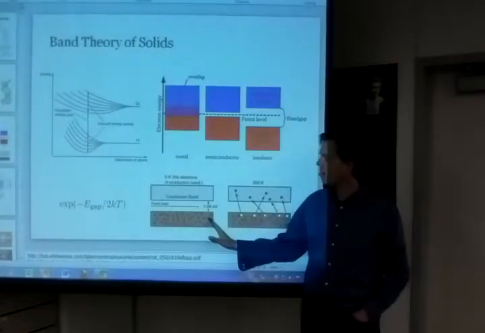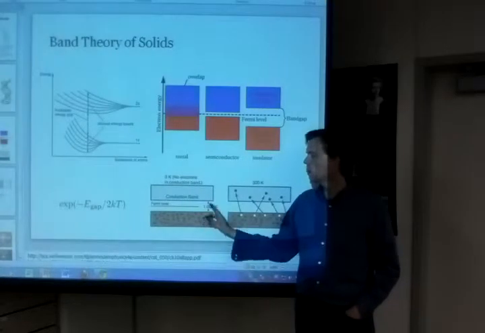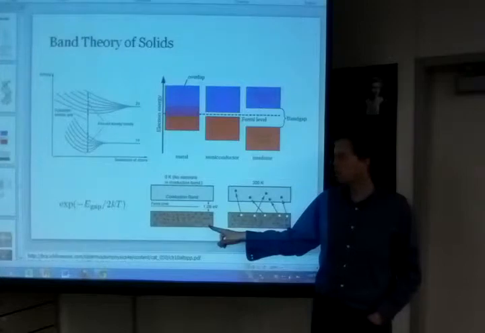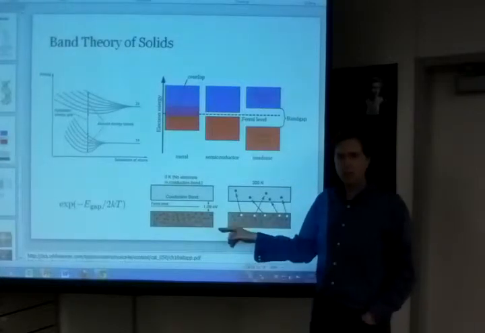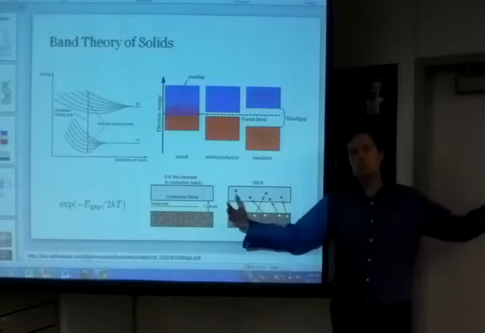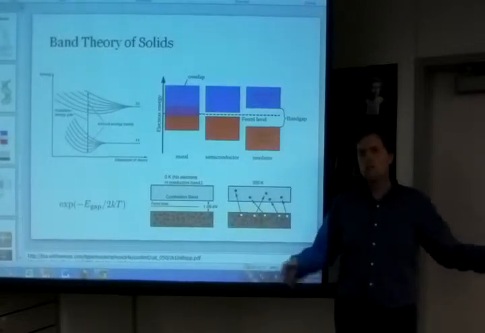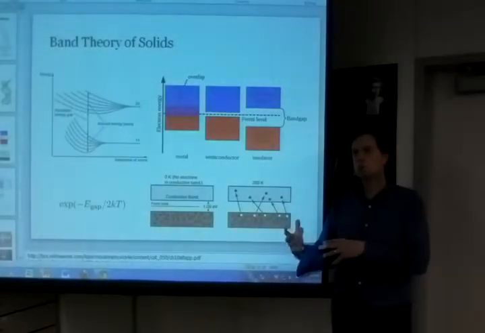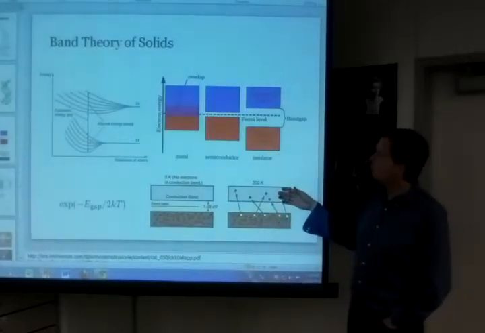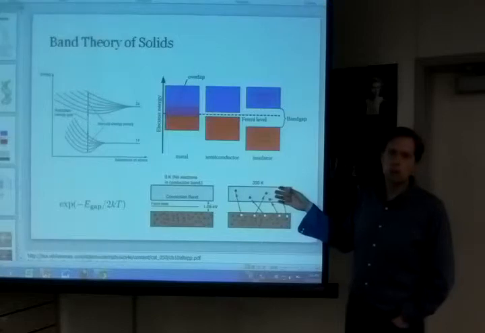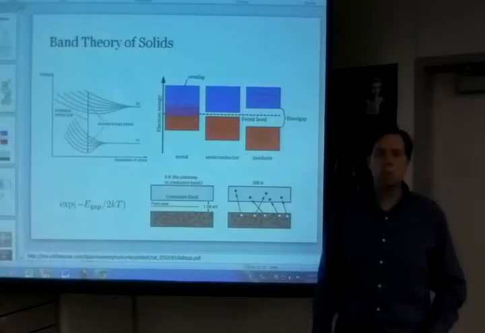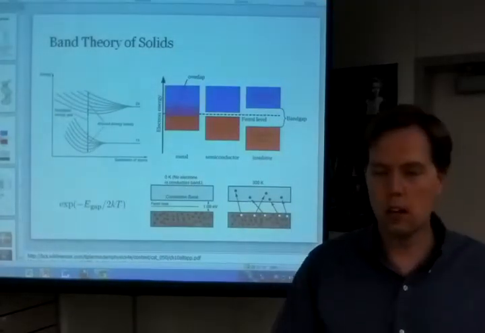So at absolute zero, there are no electrons in the conduction band. They're all in the valence band. But at room temperature, there's always going to be some distribution of that energy. Some of the electrons are going to have more energy than others. Those that have more will naturally be in the conduction band, which means there will be some flow of current possible in a semiconductor.